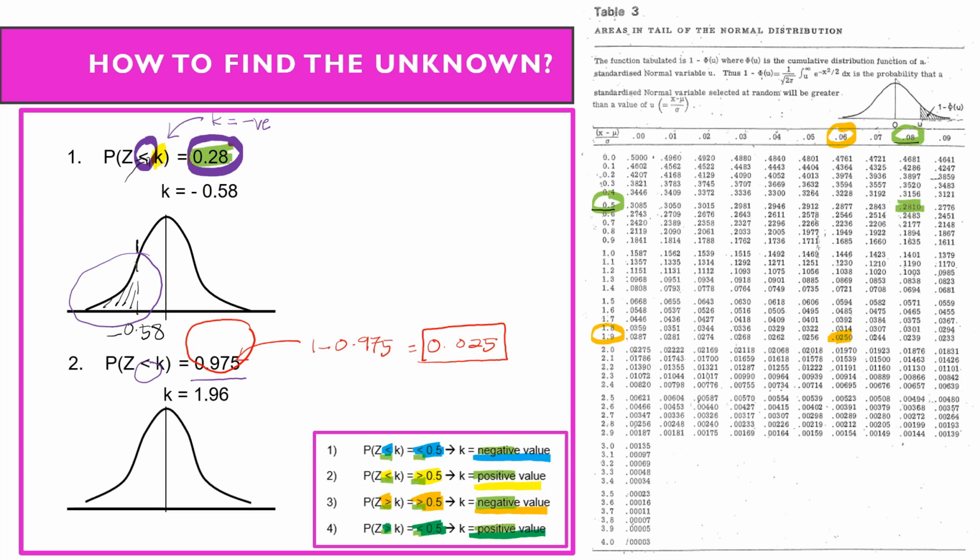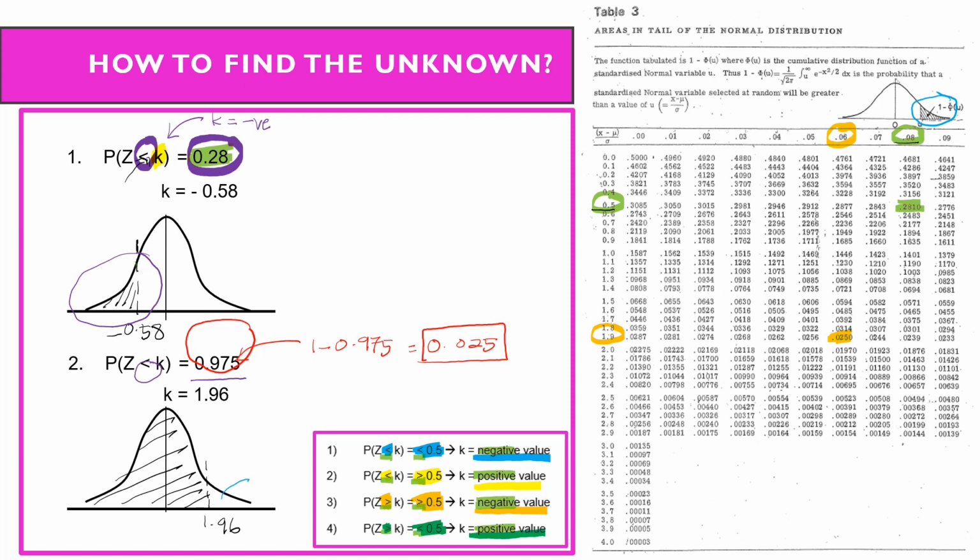Let's say you want to check. Where is 1.96? A positive value, so on the right side, 1.96. The symbol is less than, so to the left of 1.96. The concept of normal distribution is a smaller shaded region.